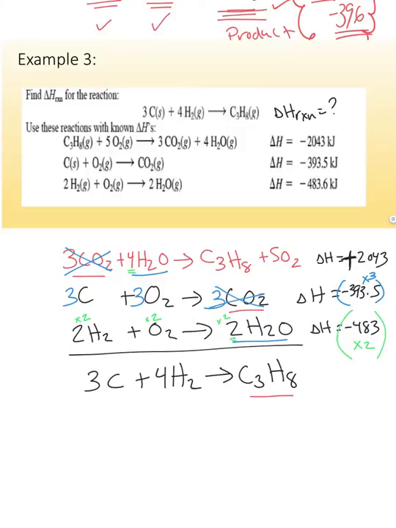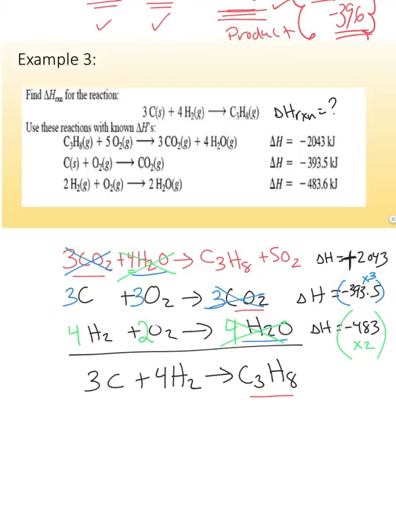So let me fix this. I'm going to erase this, and I'm going to put 4 H2. Let me erase this, and here I'm going to put 2 O2, and let me erase this, and here I'm going to remove this 2, and I'm going to make it also 4. Okay, so now I can cancel the H2O, cancel the H2O.